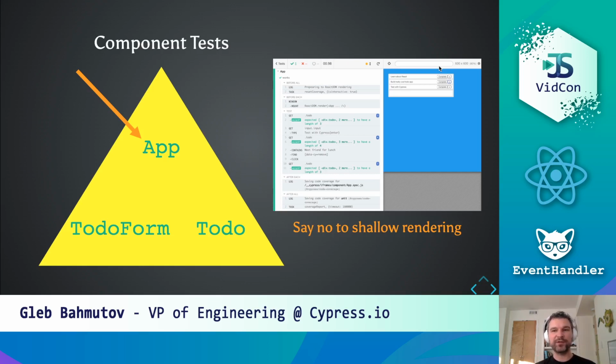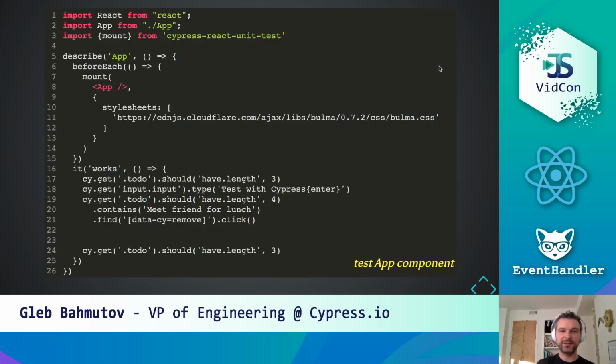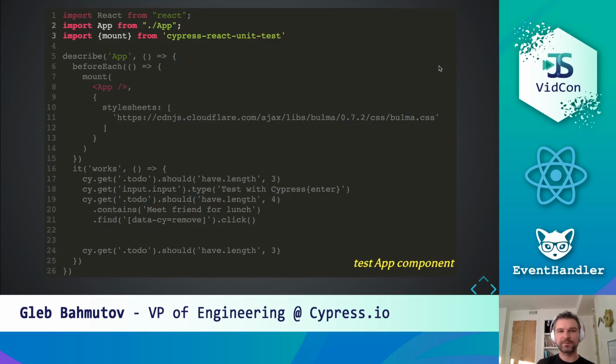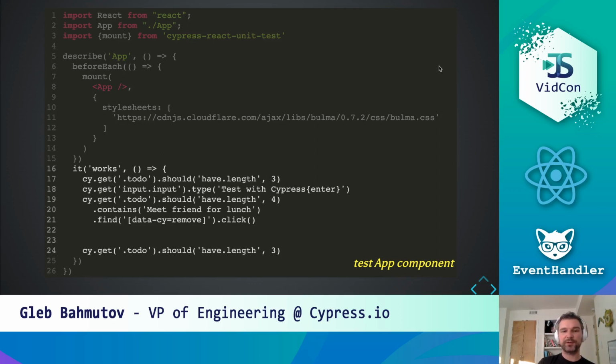So you see how they render, you see how they work with the children components, and not just shallow mount, but really validate that the syntax is correct. Here's the to-do test. You import the app from the app source file, you mount it again, giving it styles like a real application would, and then you interact with that component through its DOM representation, through rendering.